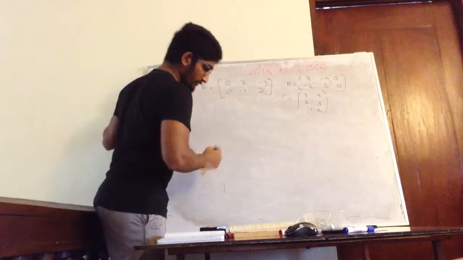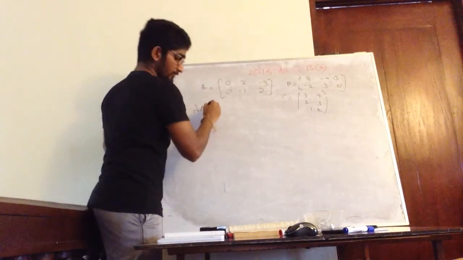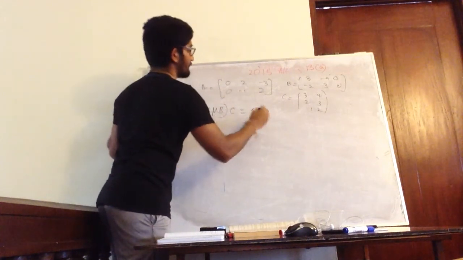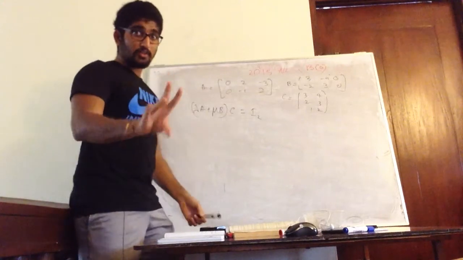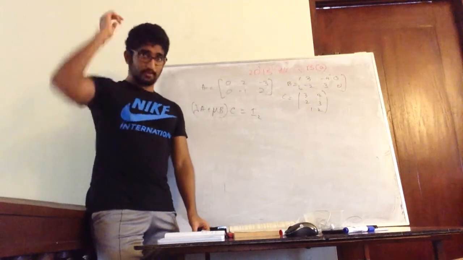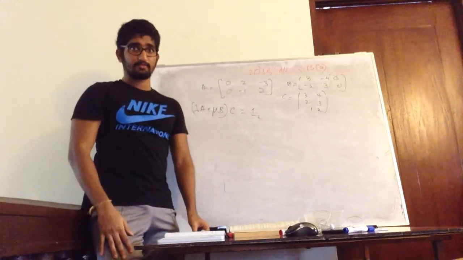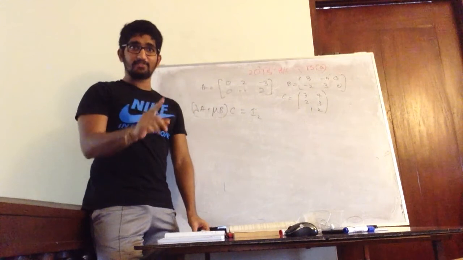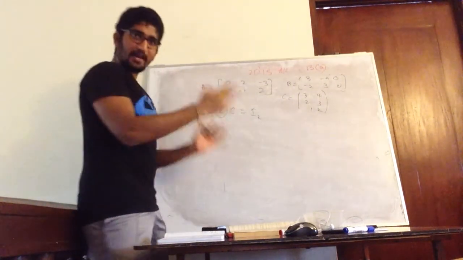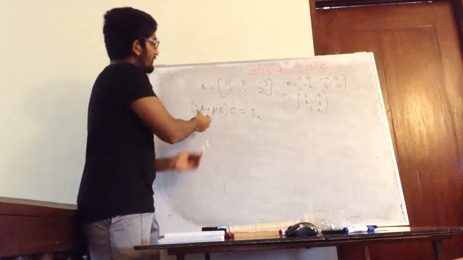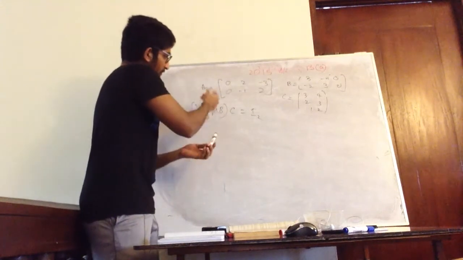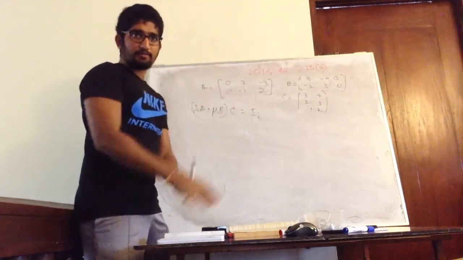What do they say? Lambda A plus mu B into C is equal to I2. As I said, there are two ways of doing this. The first way is expanding this: multiplying by lambda, then multiplying by mu, and then doing that.